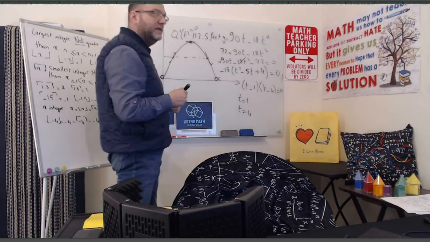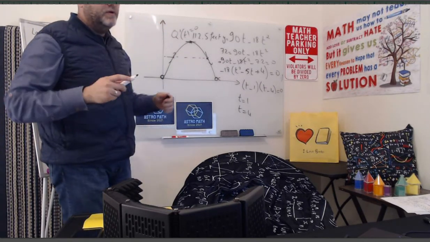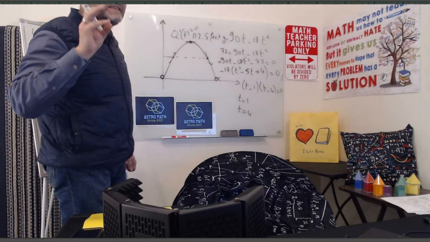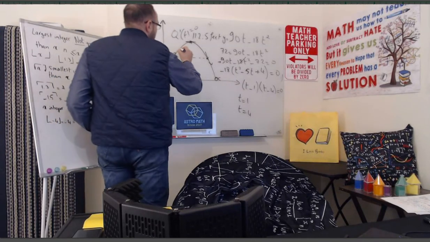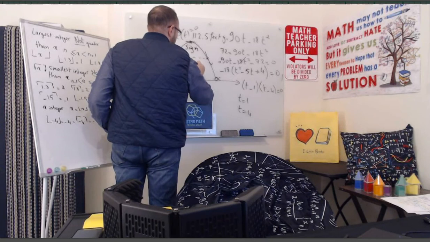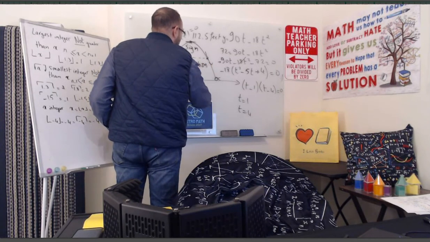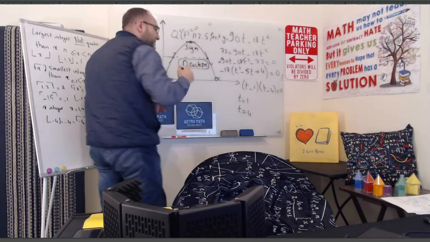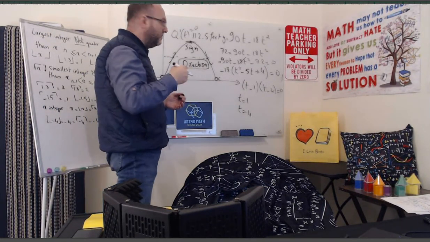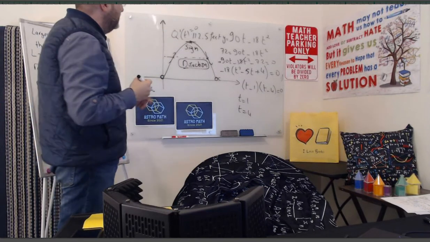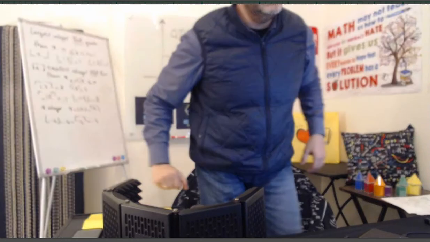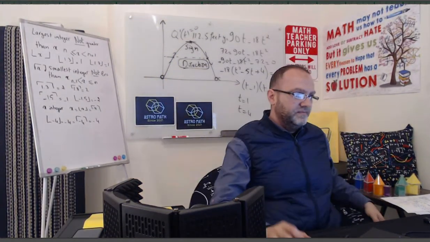A TP, turning point. What does a turning point mean in math and in calculus? A turning point means it's changing sign and direction. And again, this is not for you to memorize, but we need to exercise and give more examples of this, so it will just come to your mind. Turning point means you're changing sign and direction.